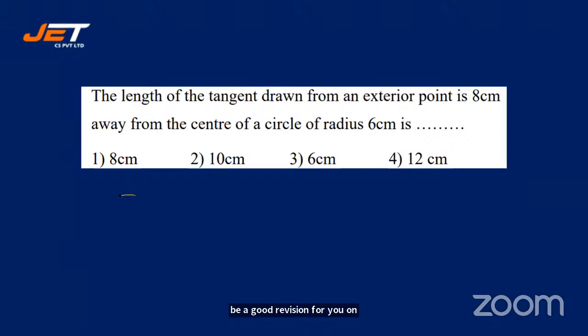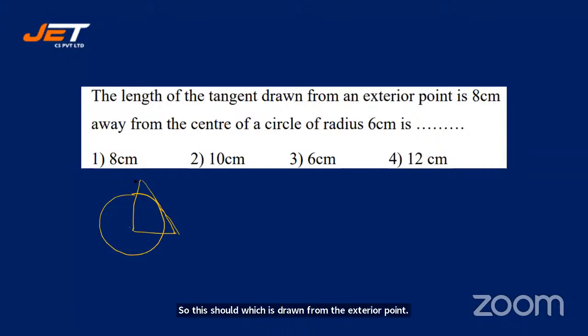So, this is the circle. Okay. The center of the circle. He says the length of the tangent drawn from the exterior point. So, exterior point means like this. Okay. Exterior point. So, this should be the tangent, which is drawn from the exterior point.